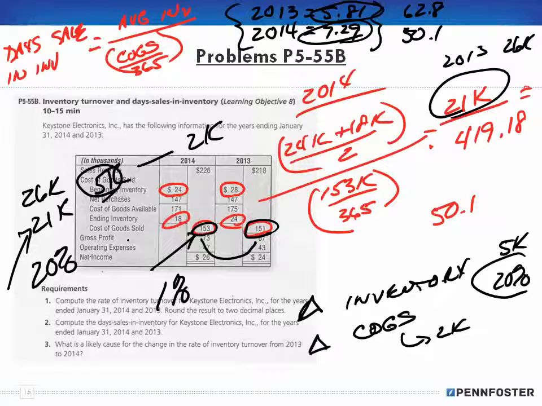Now, it's asking us what the likely change is between the 2 years, between 2013 and 2014. Obviously, we turned our inventory over 7.25 times versus almost 5 3/4 between 2014 and 2013.